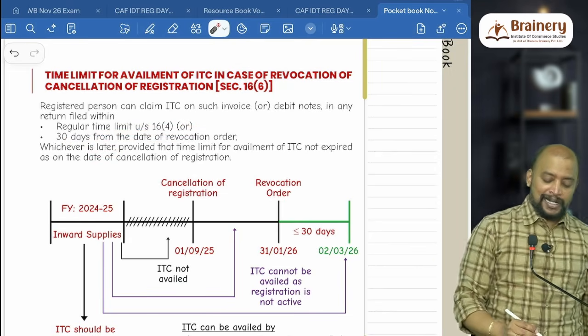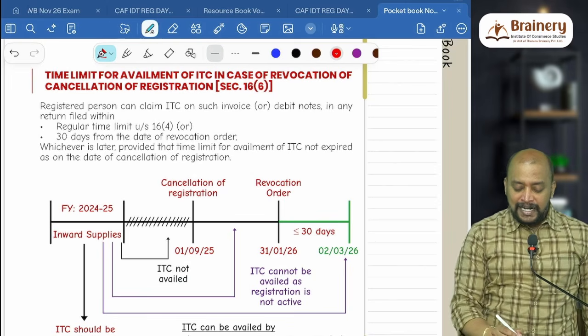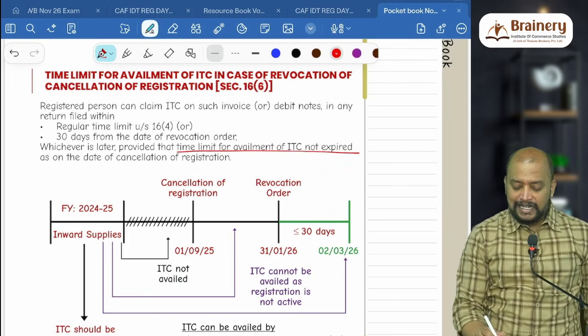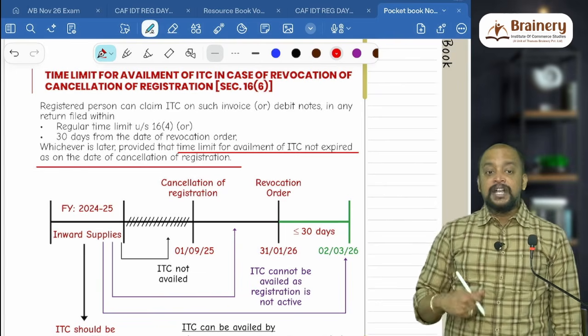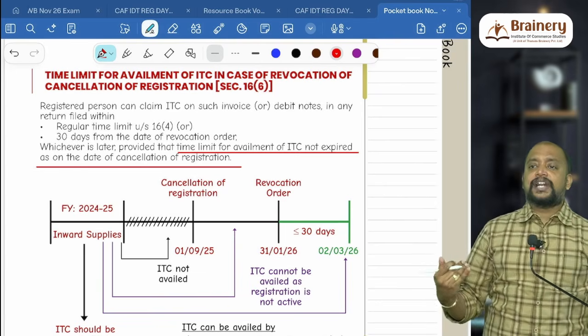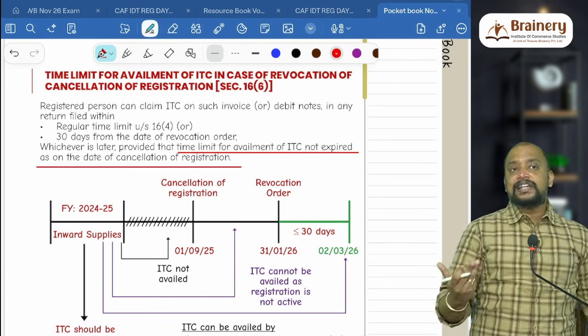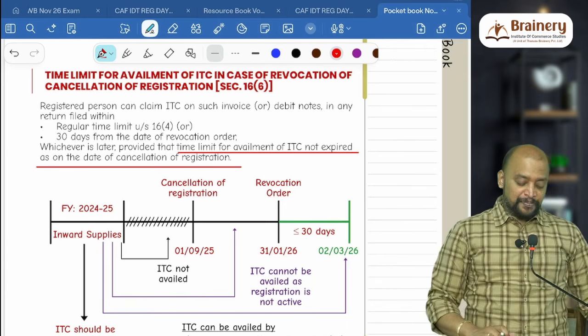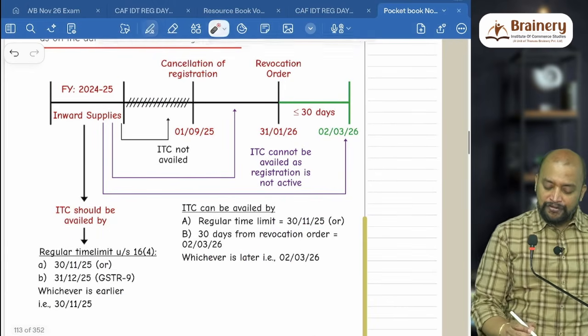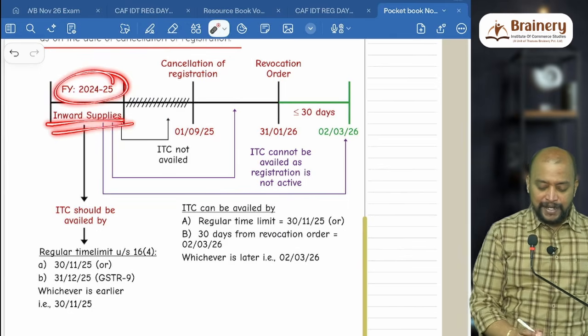But there is one important condition. What is that? Provided that the time limit for ITC has not expired as on the date of cancellation of registration. If the time limit has expired as on the date of cancellation of registration, then we cannot avail the ITC with respect to 16.6. So here, financial year 24-25, there are some inward supplies.